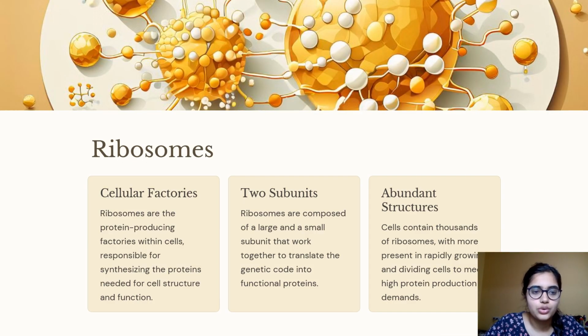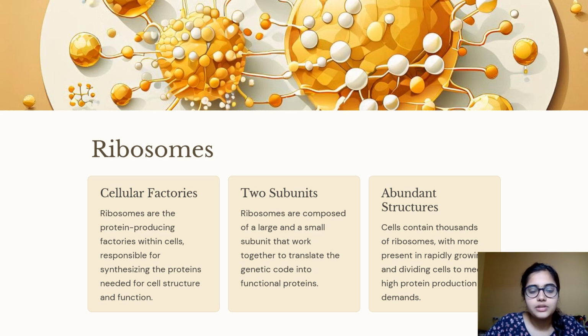Next is ribosomes, the cellular factories. Ribosomes are the protein-producing factories within cells, responsible for synthesizing the proteins needed for cell structure and function.